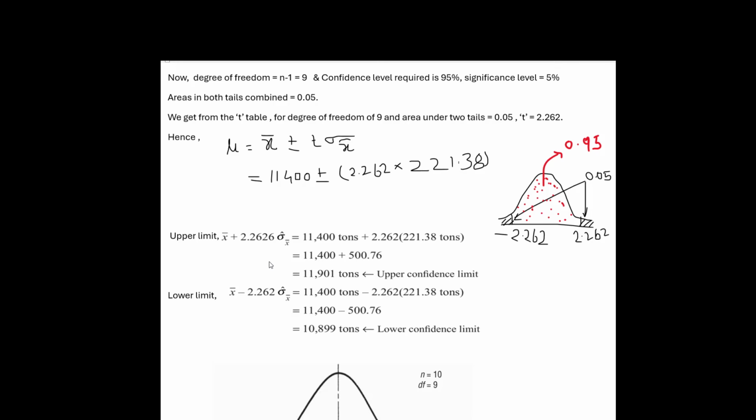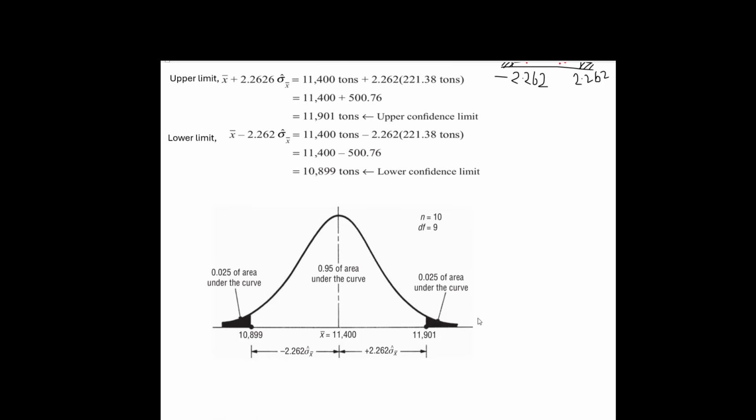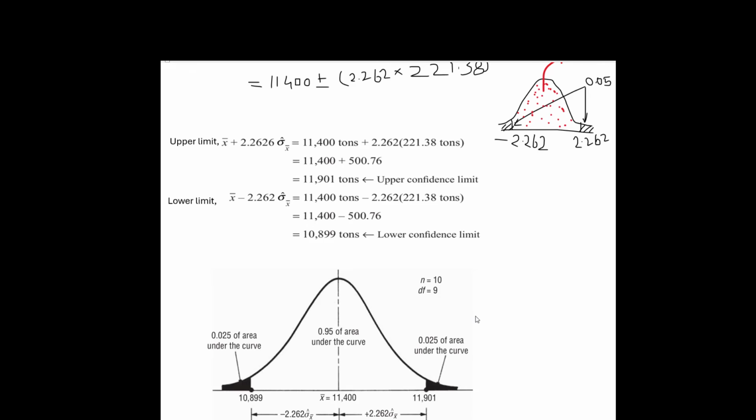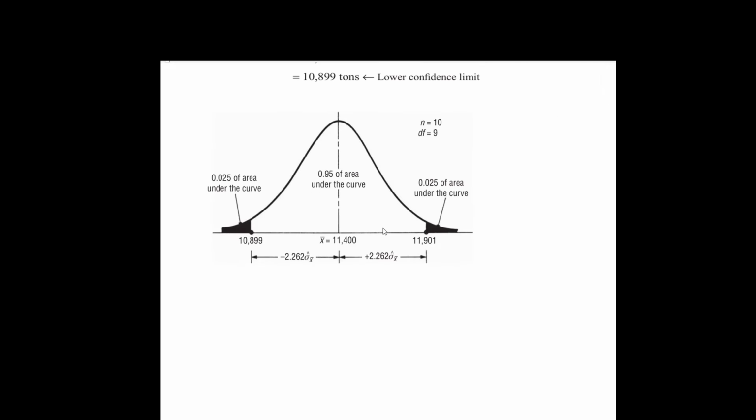The upper limit is 11,901 and the lower limit is 10,899. So what we conclude here is that with 95% confidence we can say that the yearly average consumption will be between 10,899 and 11,901. That is our conclusion.